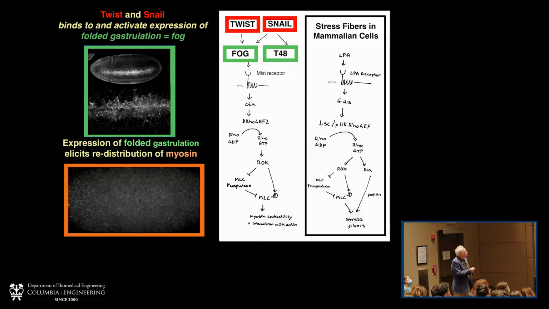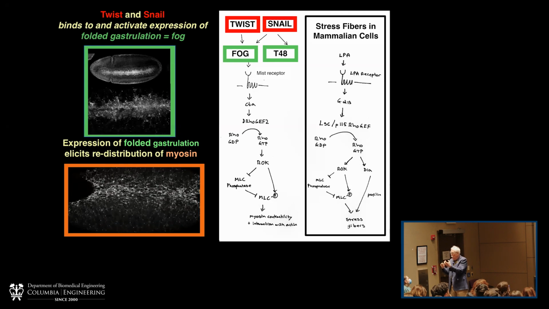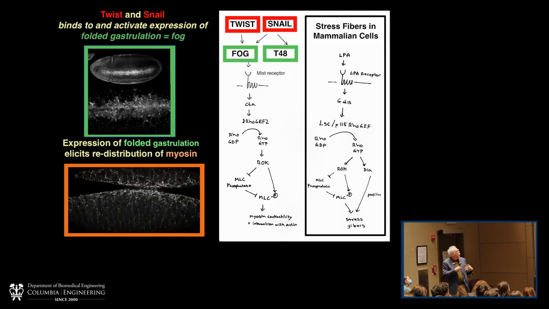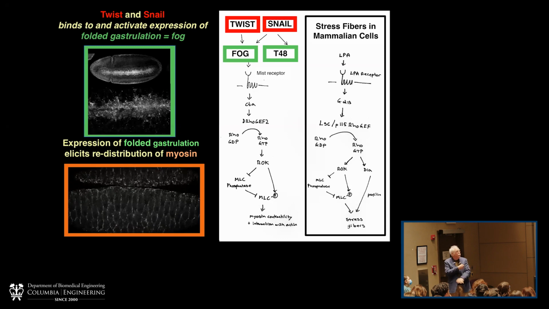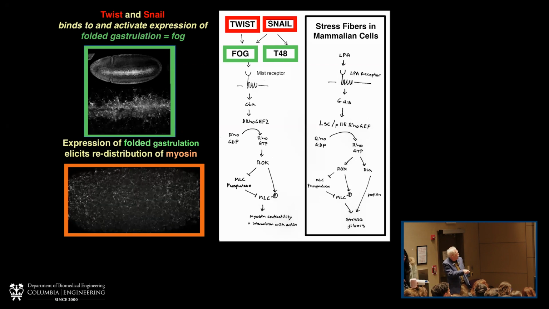The way that works, and hopefully this shows one of these downstream targets, a gene called folded gastrulation, which is a signaling, a secreted protein which drives through a receptor signaling pathway a phosphorylation of myosin.